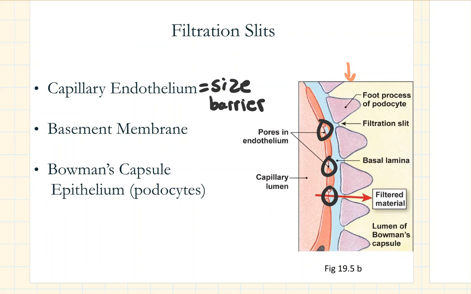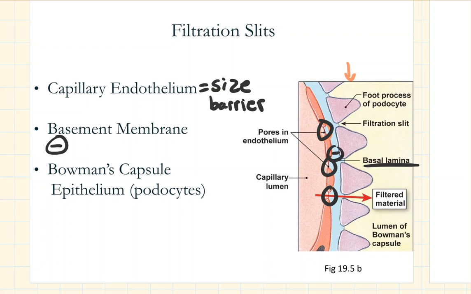The second layer is the basal lamina, or the basement membrane. And within our plasma, we have a lot of plasma proteins, and those proteins have a negative charge on them. So in the basement membrane, what we have is a barrier that also has a negative charge. So inside the basal lamina, there's a negative charge.